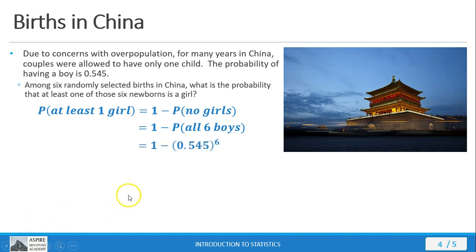Well, that's going to be the probability of having a boy, which is 54.5%, raised to the 6th power, because we're looking for 6 boys. We punch this out on our calculator, and out comes 0.974. So there's a slightly higher than 97% chance that at least one of those 6 births will be a girl.